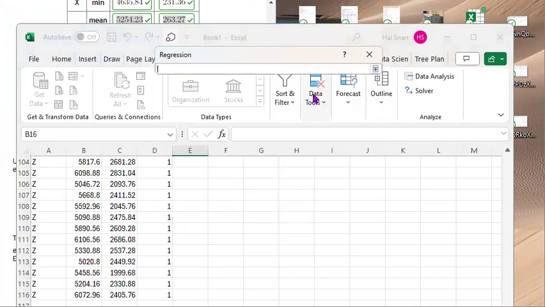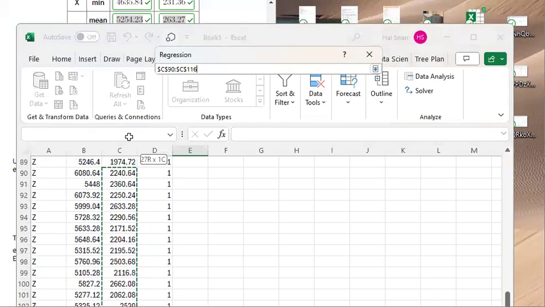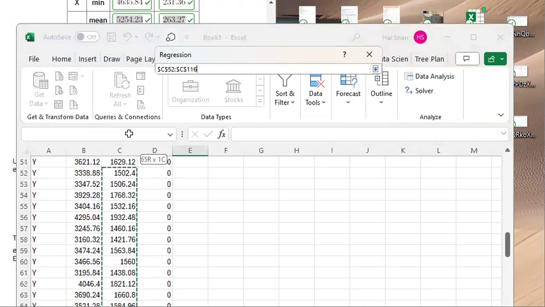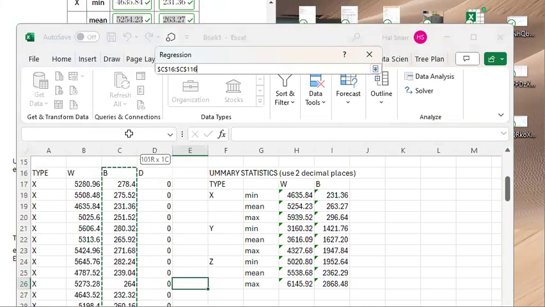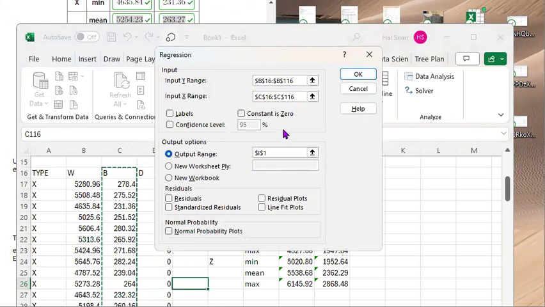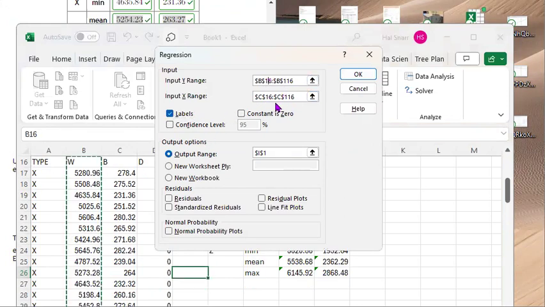Then I'm going to load the other column, the benefits column, right? Load the benefits column here. Okay. And then I'm going to click on labels because I included the row that includes the labels, row 16. See that, row 16 and row 16.